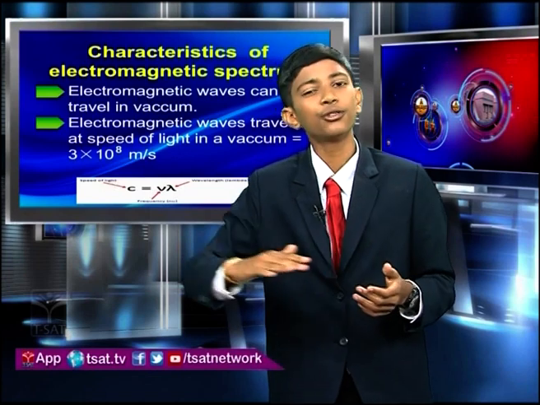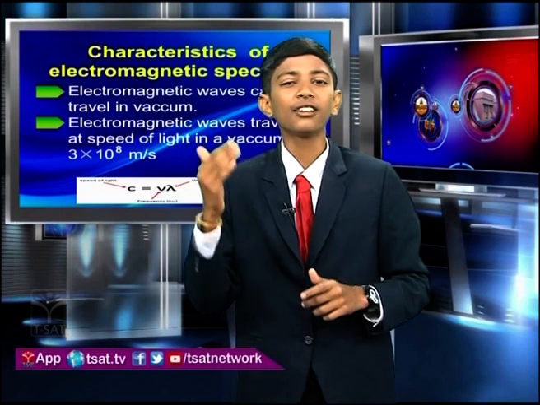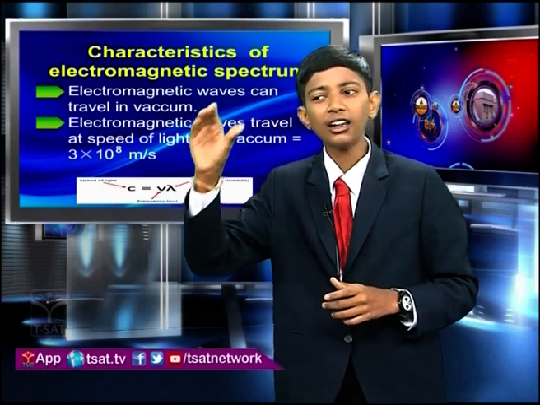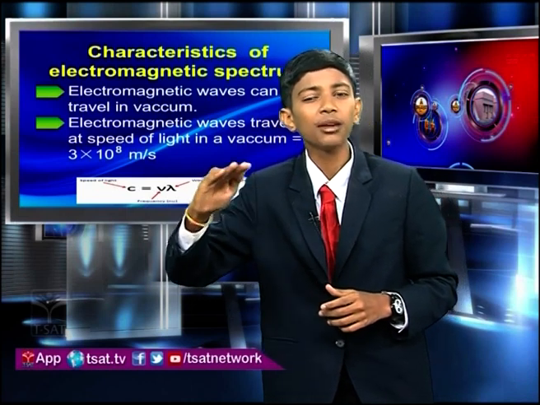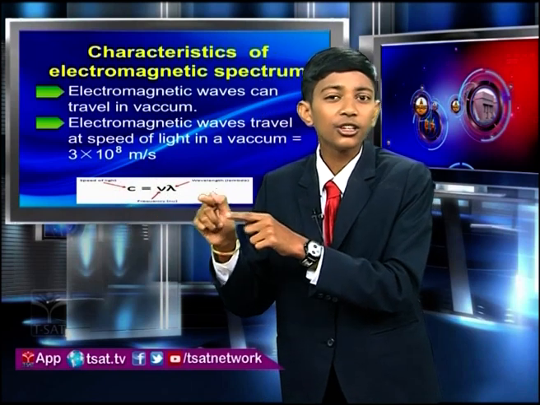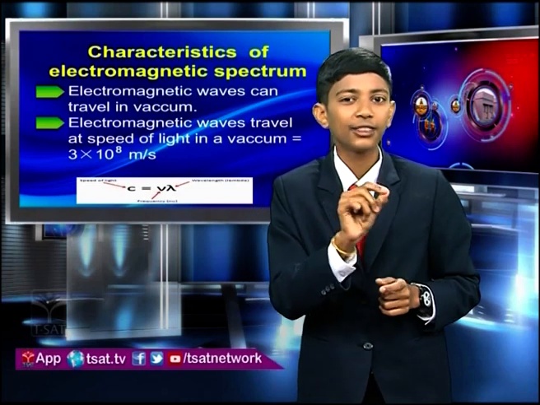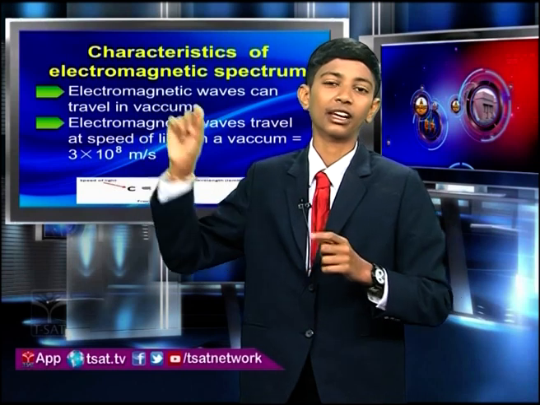They can travel through vacuum. This is the first characteristic. And the second one is that all electromagnetic waves travel with the same velocity, the velocity of light in vacuum, which is a constant value of 3 times 10 to the power of 8 meters per second.